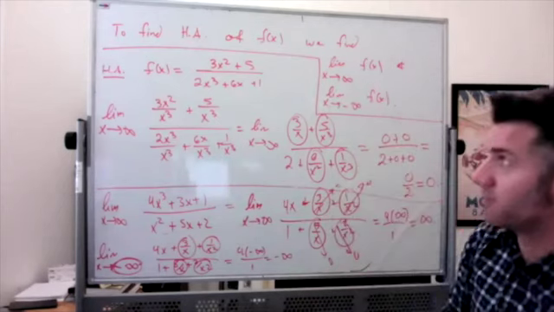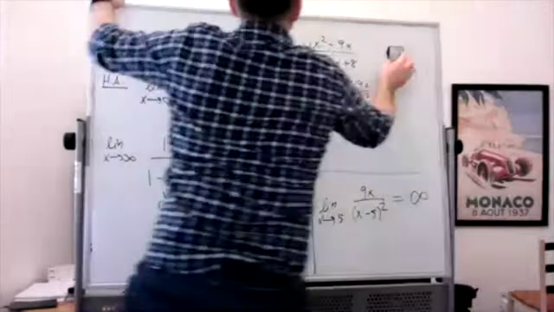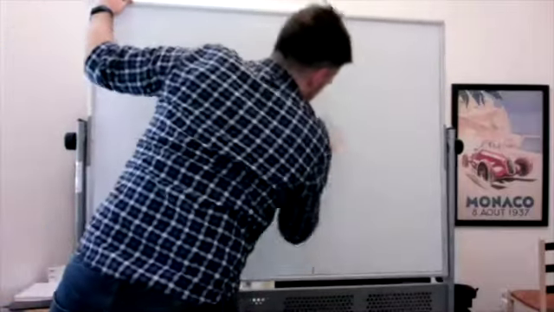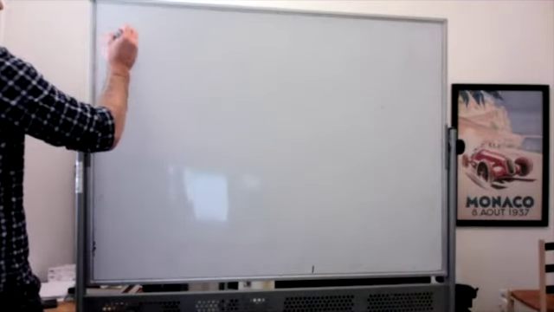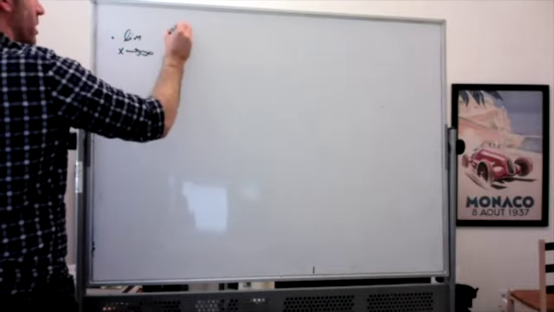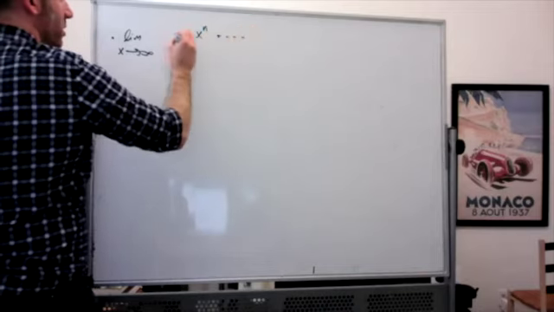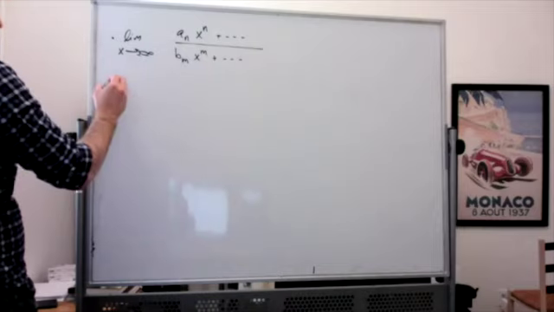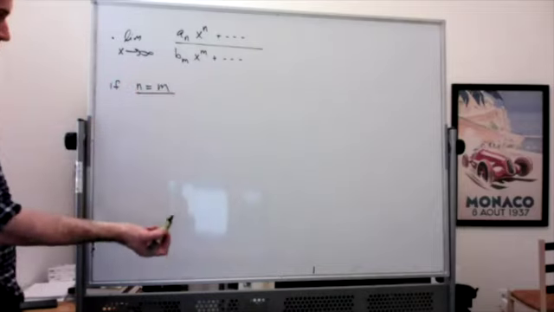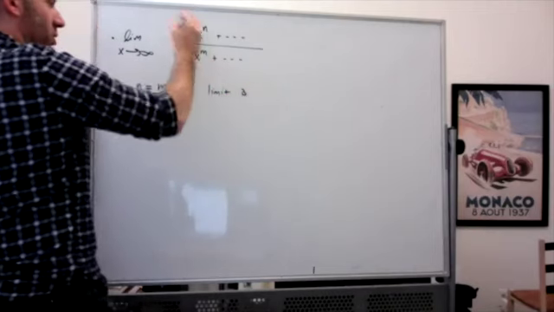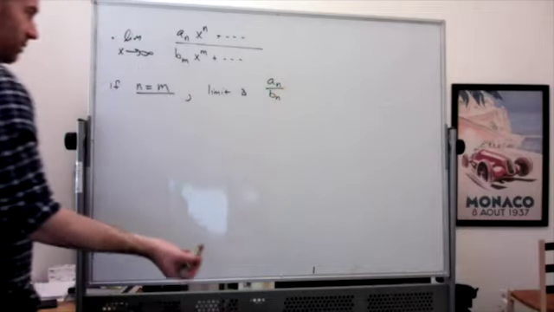So those are kind of the three options for a rational function. In fact, we can spell that out real quick here. If you're taking the limit as x goes to infinity of a sub n x to the n plus smaller terms over b sub m x to the m plus smaller terms: if the degrees are the same, then the limit is equal to the quotient of the leading coefficients, a sub n over b sub n.